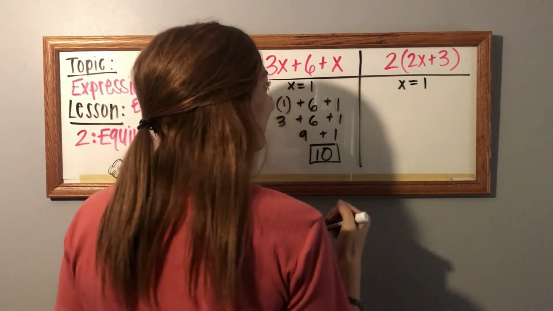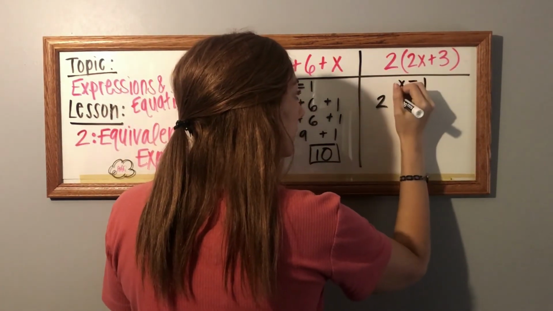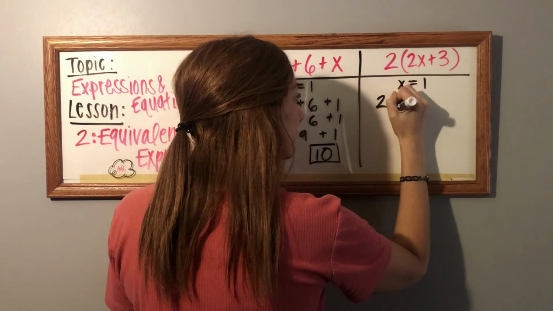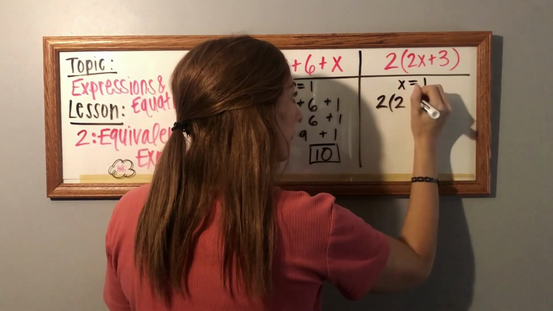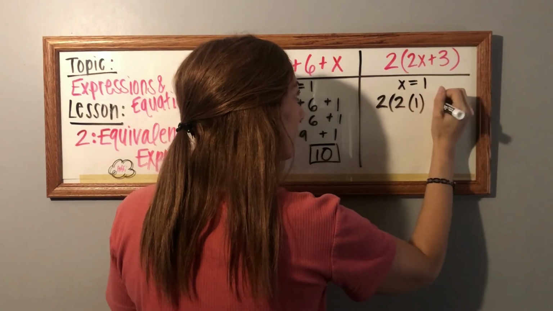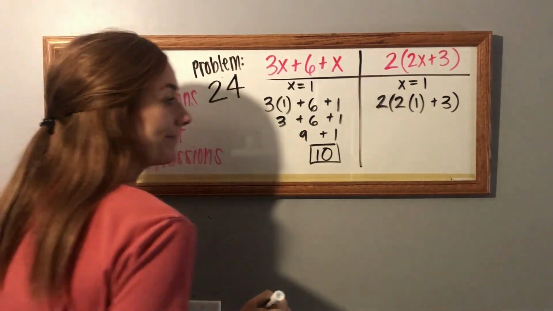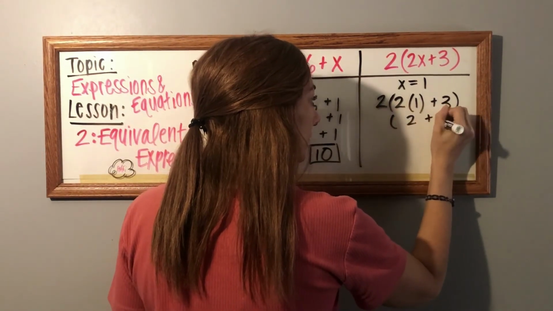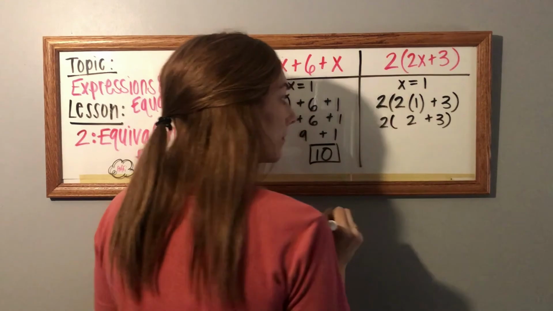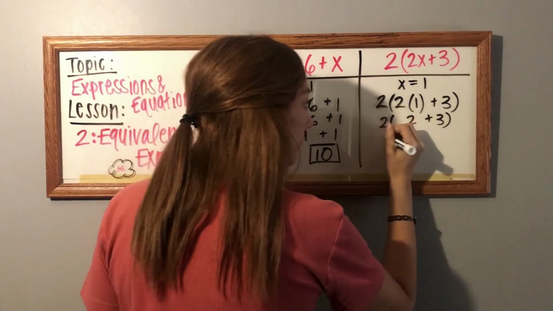So my second expression, 2 times 2x plus 3, I'm going to substitute my 1 in for my x. So I have 2 times 2 times 1 plus 3. I'm going to start by doing 2 times 1 inside. I get 2 plus 3, and then I'm moving on to my parentheses. 2 plus 3 is 5.